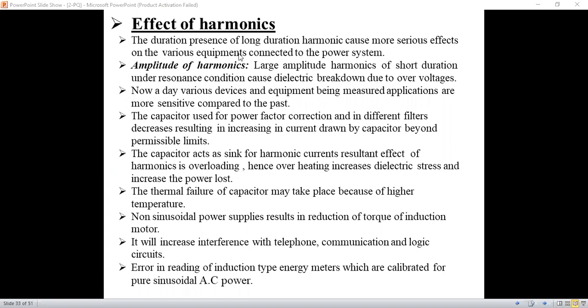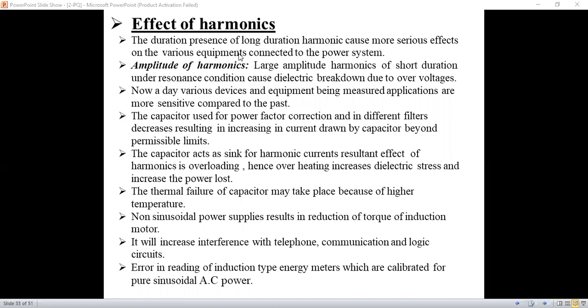So the effect of harmonics now. If the harmonics are present for a longer duration, serious effects will occur to the power system or to the equipment where the harmonics are present. Sometimes the device or component will get damaged because of heating and so on.